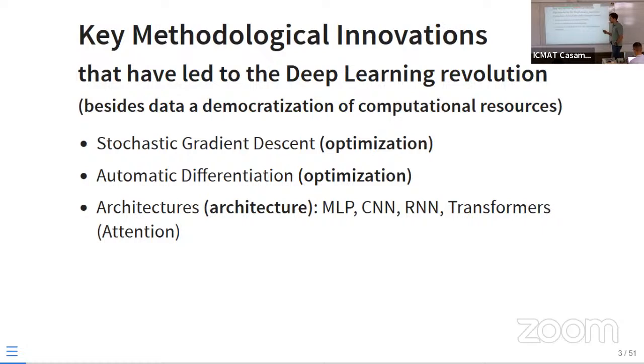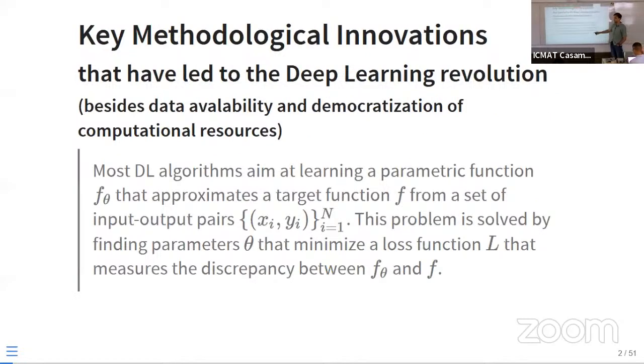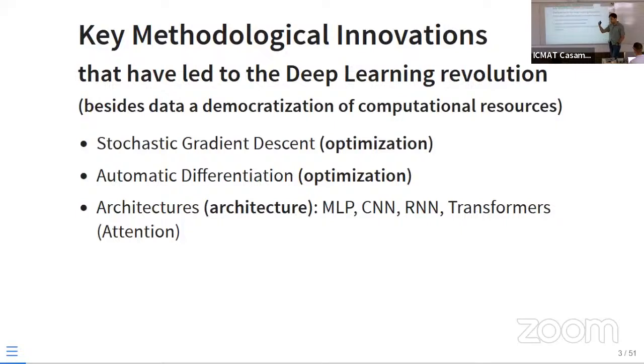and still be able to solve this optimization problem. The second technique is automatic differentiation, which is a technique to compute the gradients of this loss function that we need in every iteration of the optimization algorithm. With this technique, for almost any program, any set of computations that given an input computes an output, we can compute the gradient with a complexity very similar to the evaluation of the function.